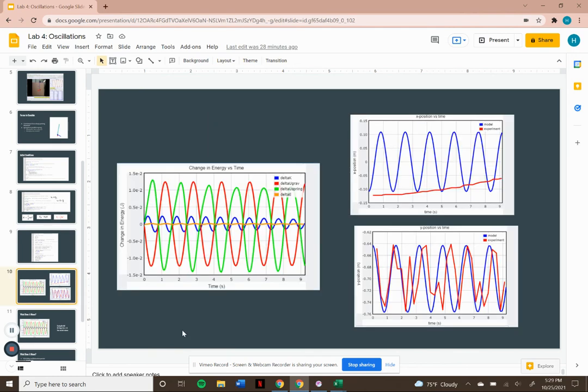Now here we have three charts. This first chart shows change in kinetic energy, change in gravitational potential energy, change in spring potential energy, and overall change in energy. All of these are graphed here, and then we can see the x position over time and the y position over time.